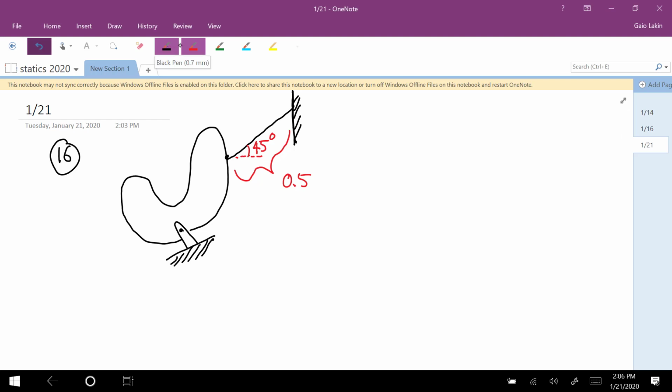And you're given that the coordinates of this point are 0.6, 0.5, 0.6, 0.4. And the coordinates of this point are 0.05, 0.2.